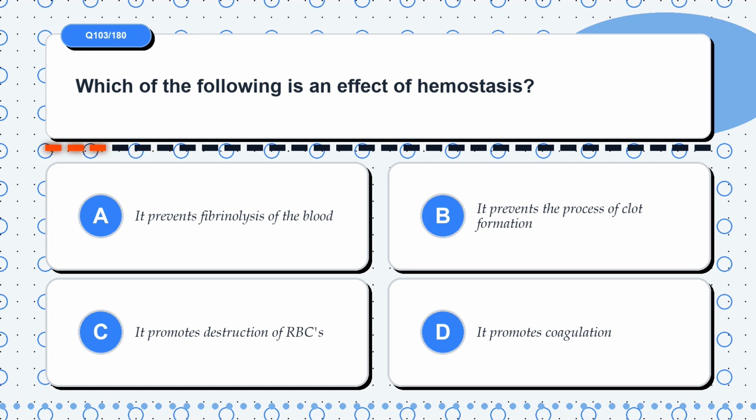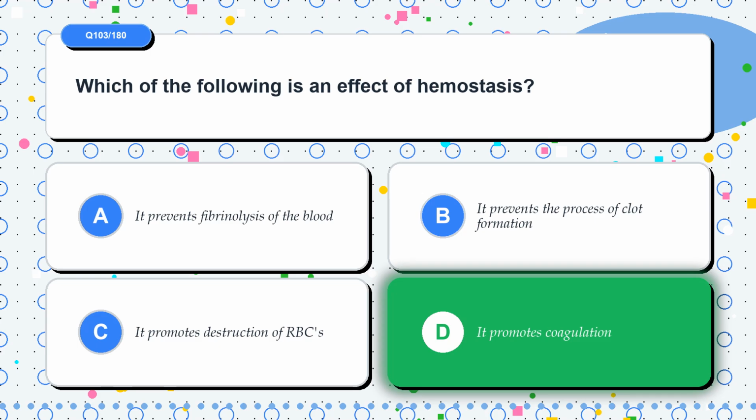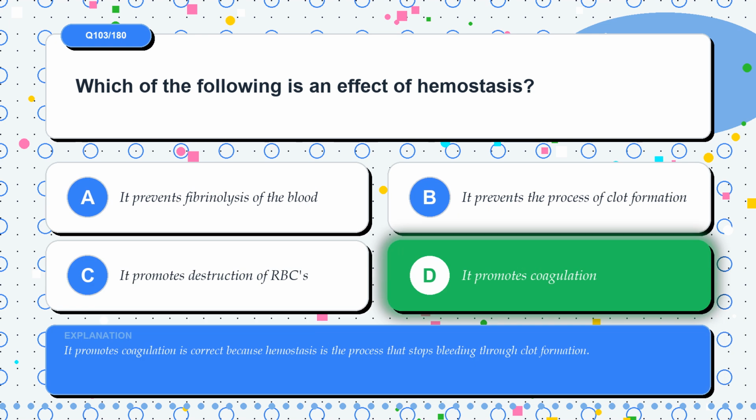Option D. It promotes coagulation. The correct answer is option D. It promotes coagulation. It promotes coagulation is correct because hemostasis is the process that stops bleeding through clot formation.